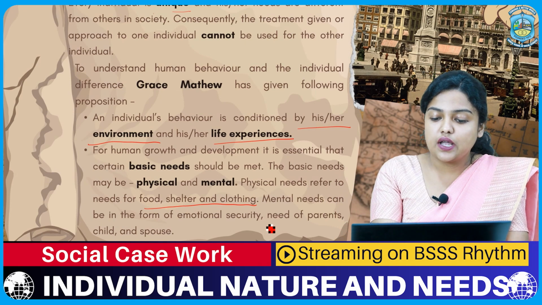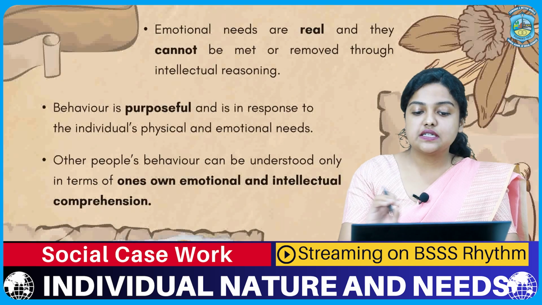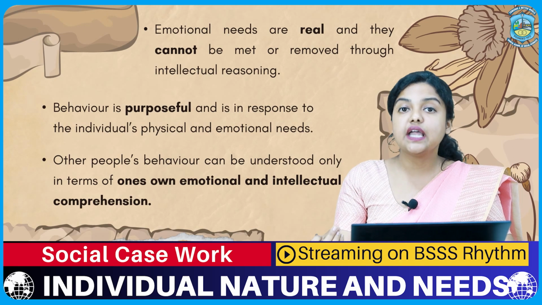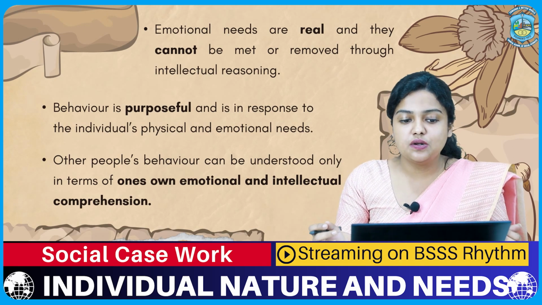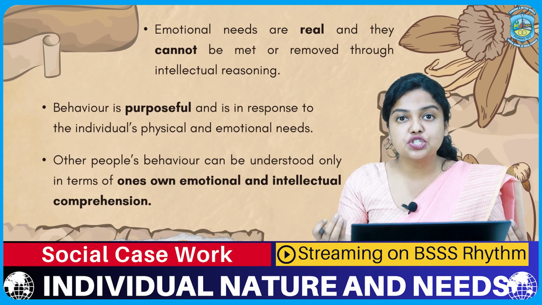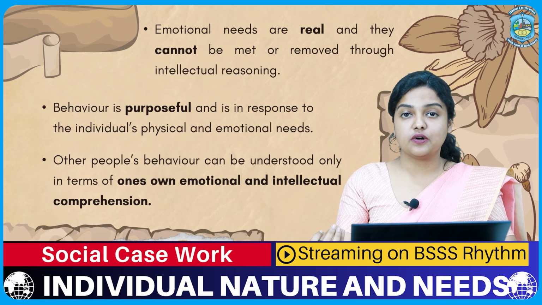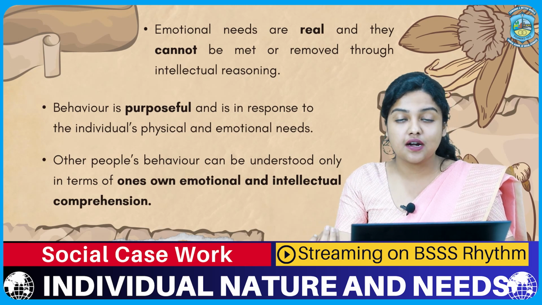Then next, emotional needs are real and they cannot be met or removed through intellectual reasoning. So we can't compensate with intellectual reasoning. Emotional needs are real and they should be met. Every individual needs some kind of emotional support, people with whom we can share our feelings and vent out what we are thinking.